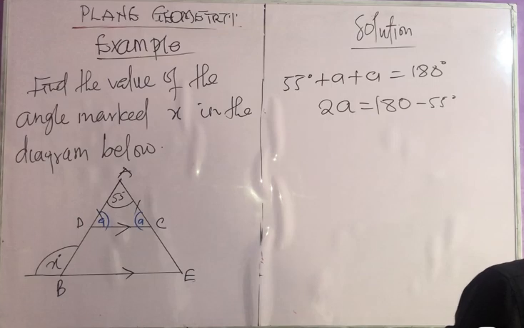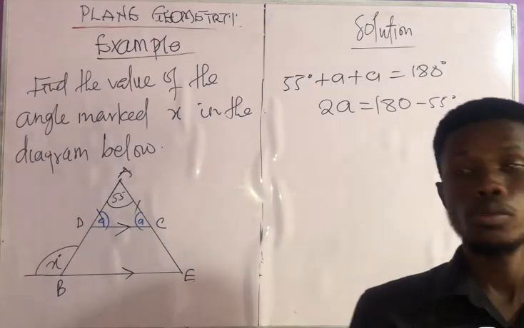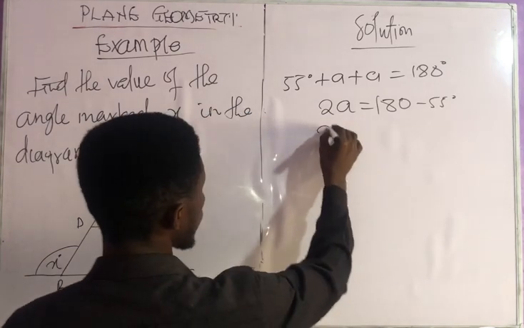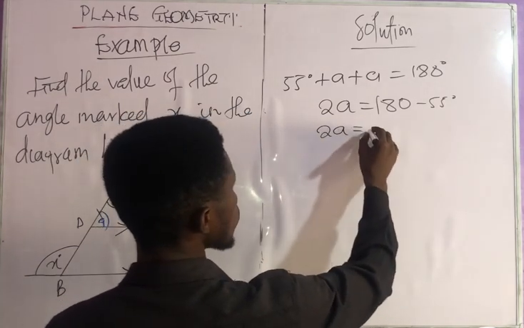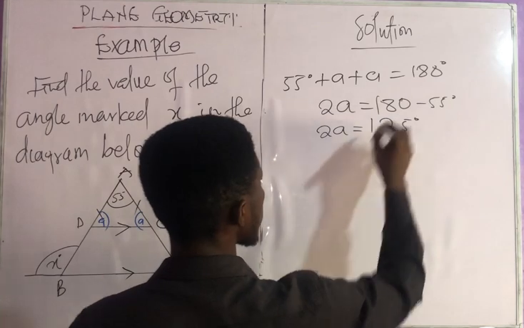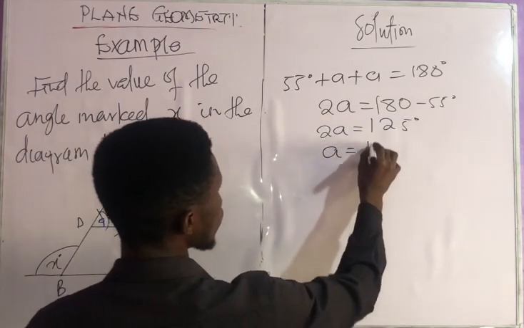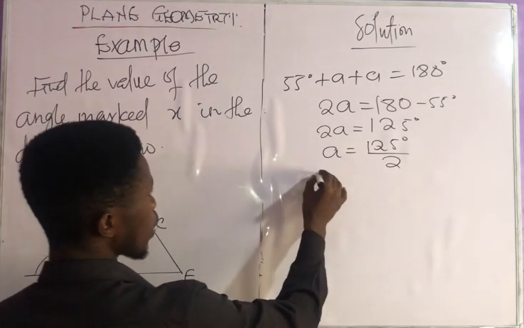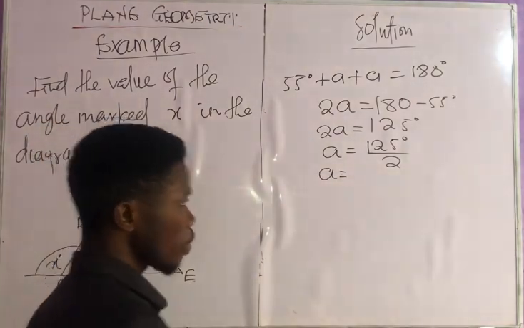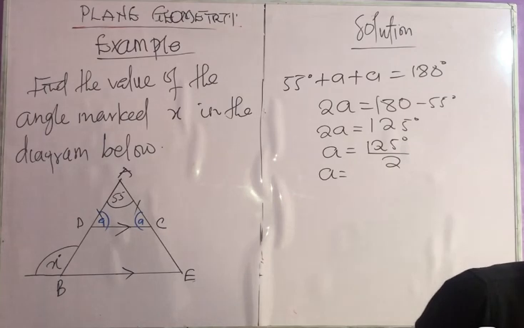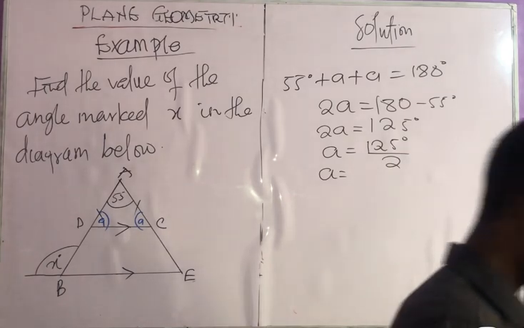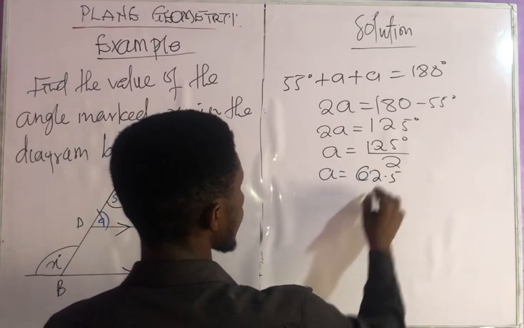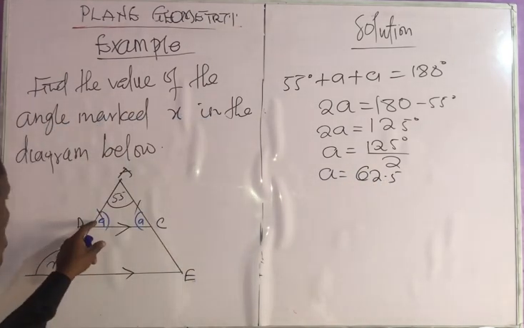So if you subtract this from this, you are going to have 2A equals 125, right? So my A will be 125 degrees divided by 2, meaning that our A will be 62.5. So now we know our A.